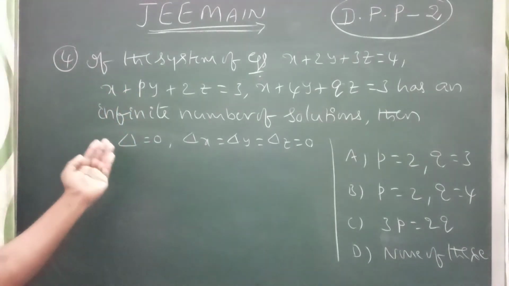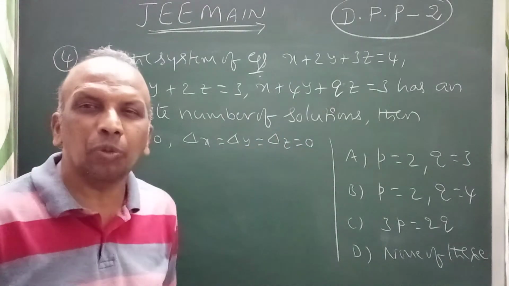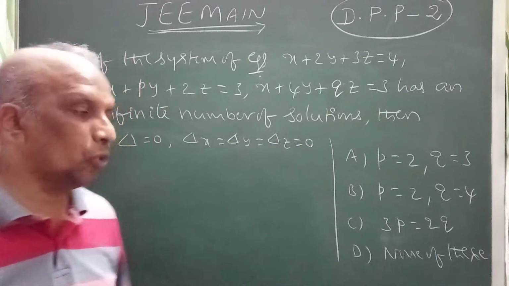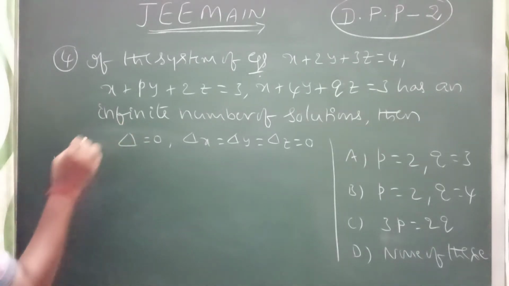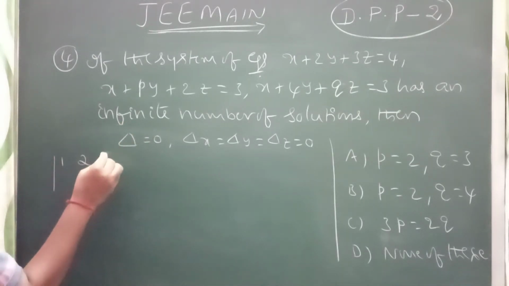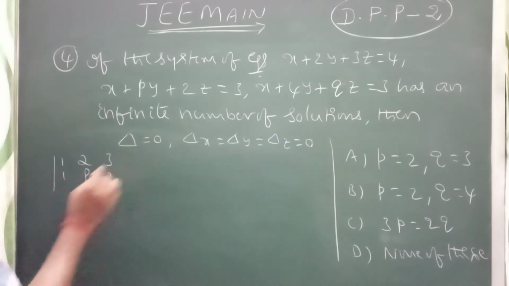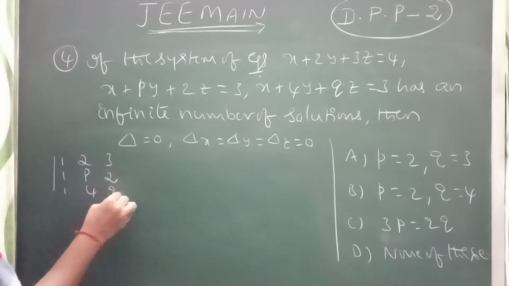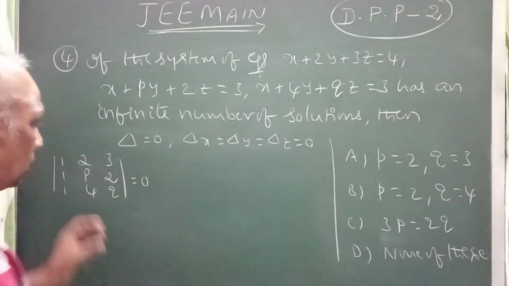We can put delta equal to 0 and get one equation. Delta equal to 0 means we can consider the determinant with rows 1, 2, 3, 1, p, 2 and 1, 4, q, equal to 0.